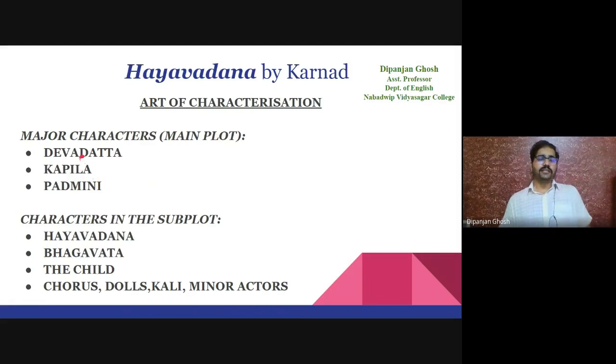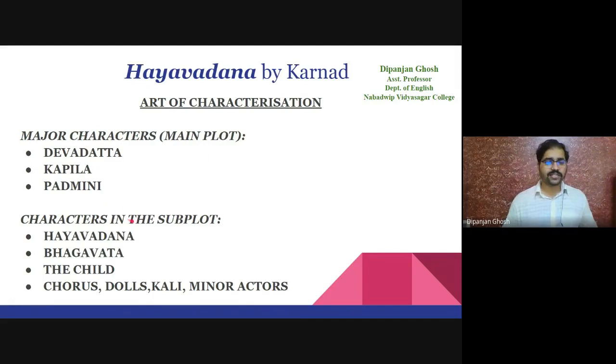Devadatta and Kapila are important characters, and also Padmini, and they are often considered as Rama, Lakshmana, and Sita at the very onset of this play. But as the play progresses, the temperament changed, and from Rama and Lakshmana, a kind of rivalry takes place on the basis of the character Padmini.